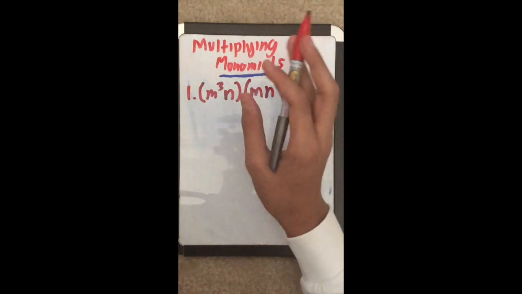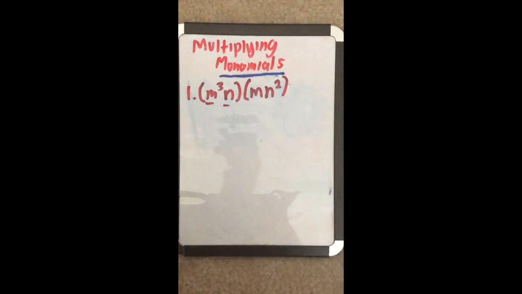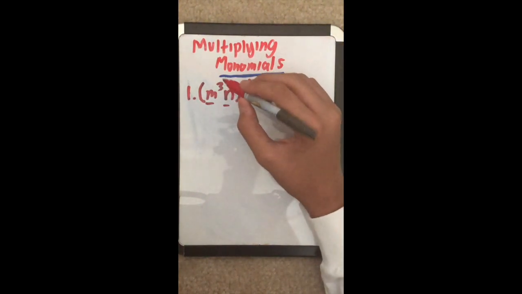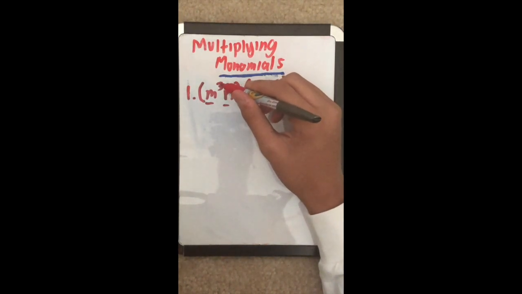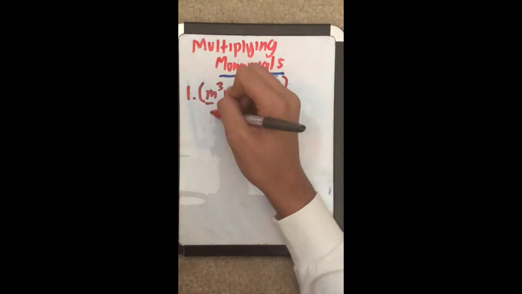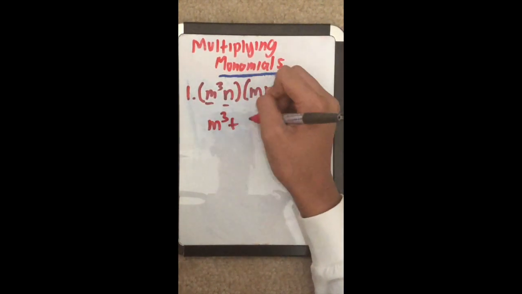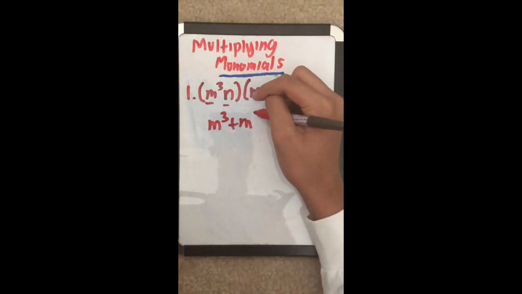So what we want to do first is look at our terms. We have m and we have n. We want to do m first. When we have this type of scenario, we want to add the exponents. This is called the product of powers rule. So we have m cubed plus the m by itself.